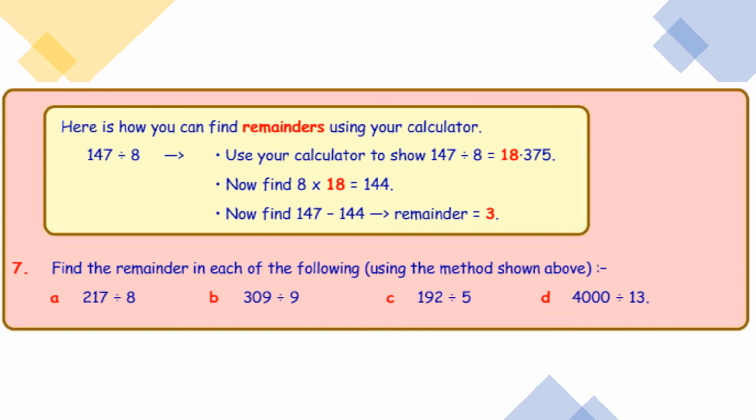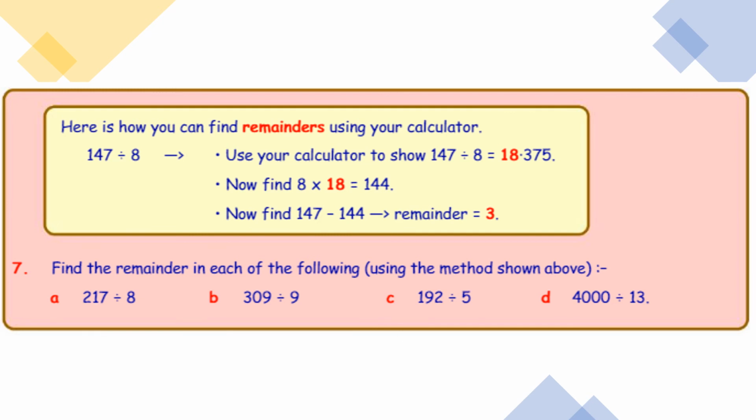Okay, so you take away the decimal, you don't round, you just ignore it. Because if you round, that will confuse you. So you just completely ignore what's in the decimal, and then you do 8 times 18. And we get 8 because we divided by 8 in the first place. So 8 times 18 is 144, and then the difference between 147, the number we began with, and 144 is 3. So our remainder is 3.